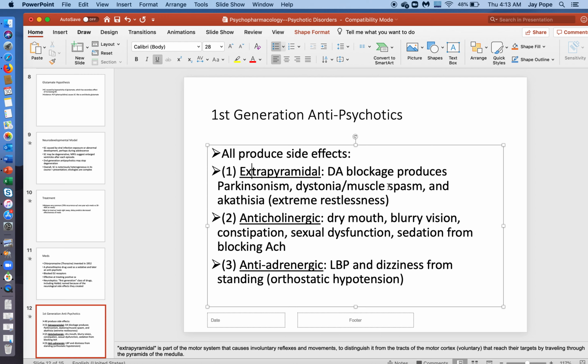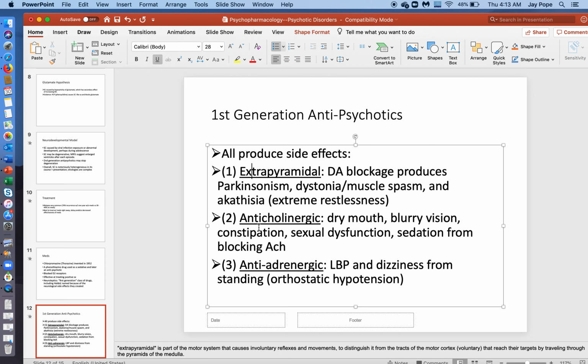It's also associated with muscle spasms, which are involuntary movements, and akathisia, which doesn't sound like a very serious thing, but it's really awful. It's a tendency for the patient to have extreme restlessness. It's almost like if you've ever been tired but unable to sleep and you get restless legs, it can feel really tortuous when you have it. These are people who feel an extreme sense of restlessness, and it's very difficult to calm them down.